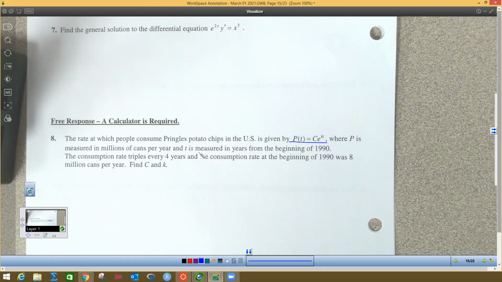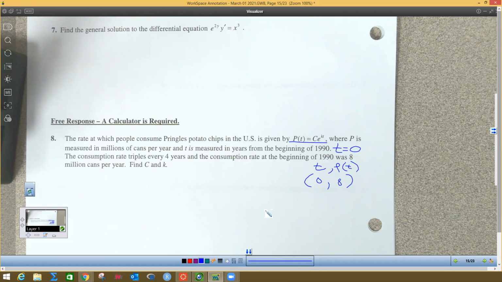Okay, so this part about T being in years since 1990 means in 1990, T is 0. So that's kind of a big deal that you understand that. The consumption rate triples every 4 years, and the consumption rate in 1990 was 8. So what that means is P of 0 is 8, since it's in millions.